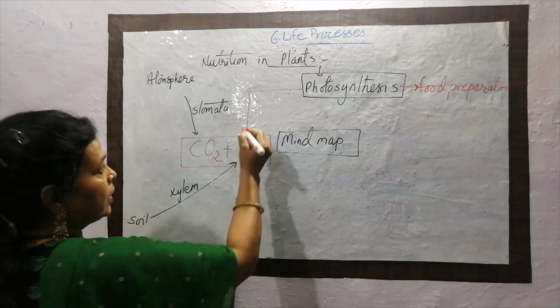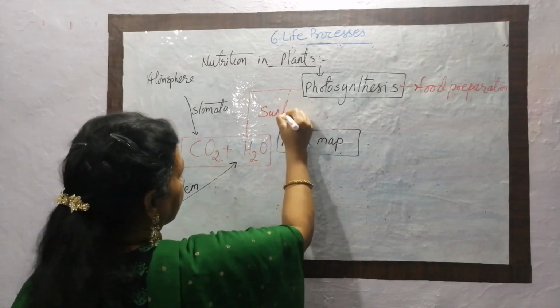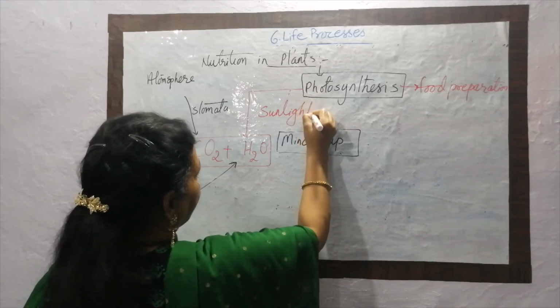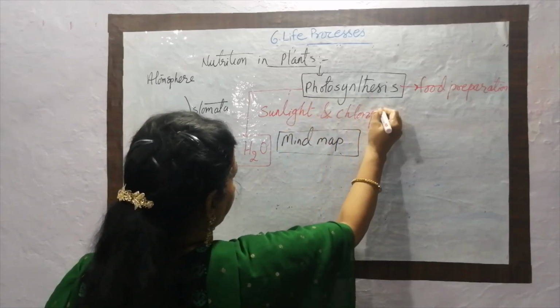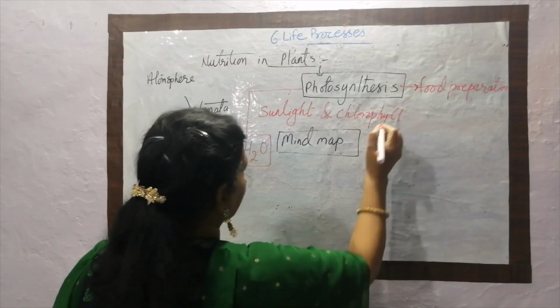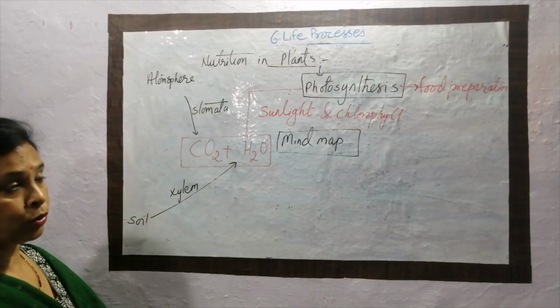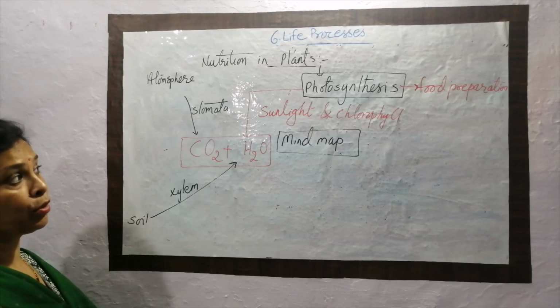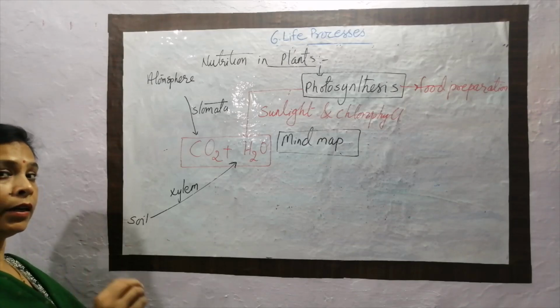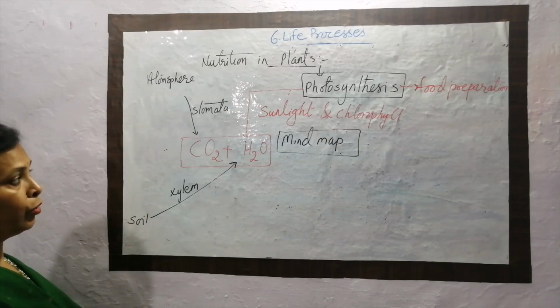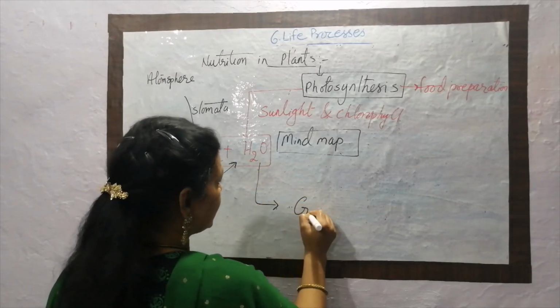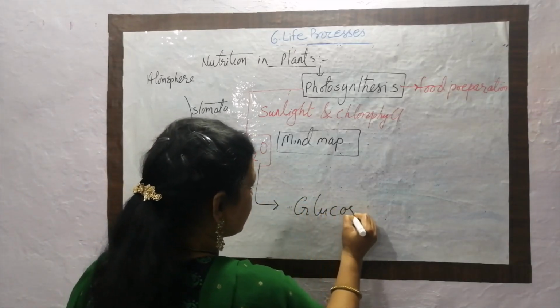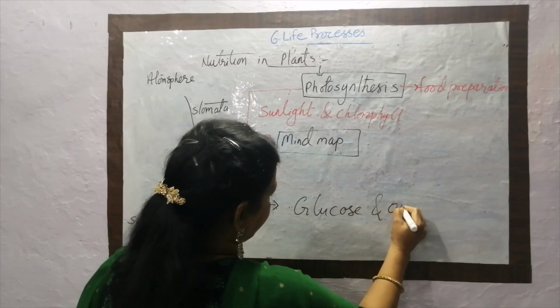The plant gets these two things, but are these two things sufficient for the process? No, they need sunlight as well as chlorophyll. So what is needed? Sunlight and chlorophyll. From where will we get sunlight? From the atmosphere, and chlorophyll is inbuilt, present in the leaf only. And what happened as a result of this? As a result of this, we get glucose and oxygen.